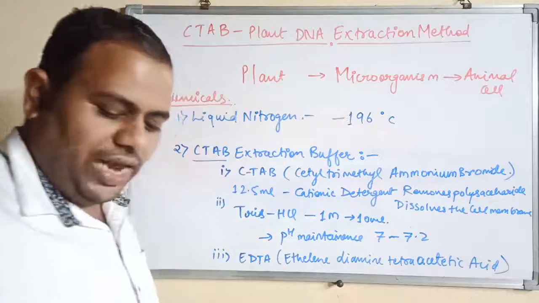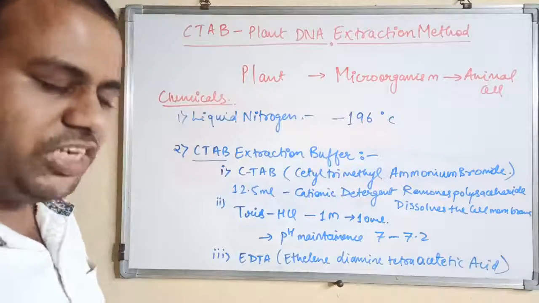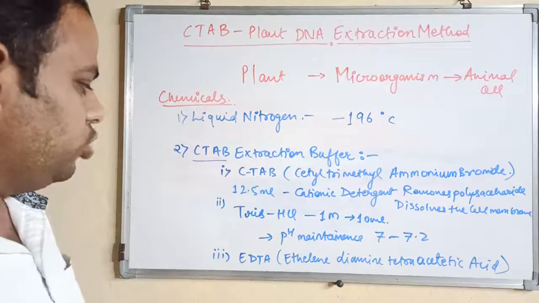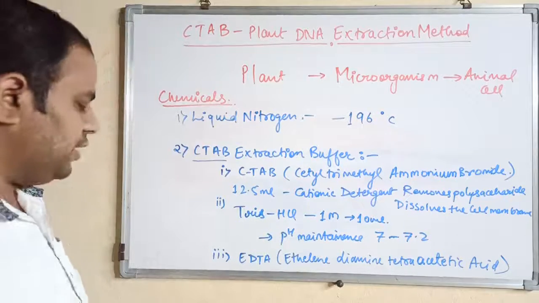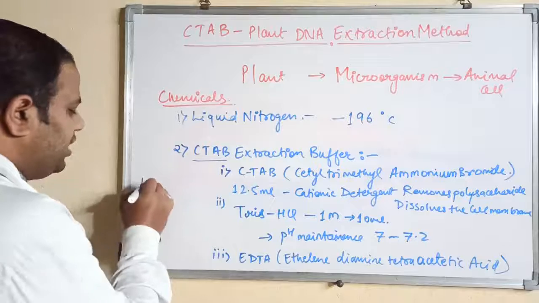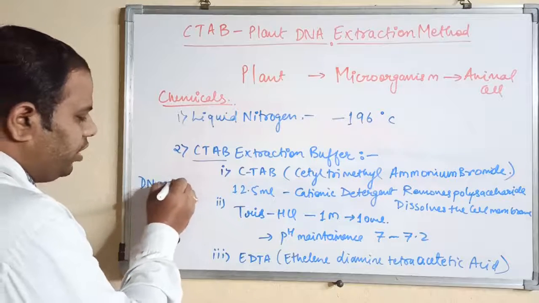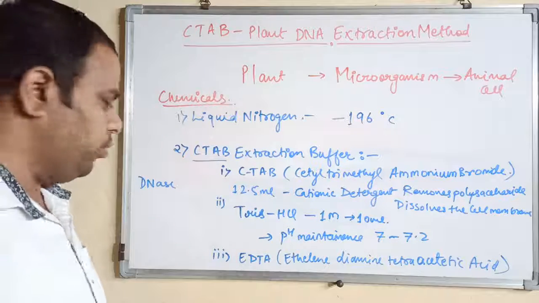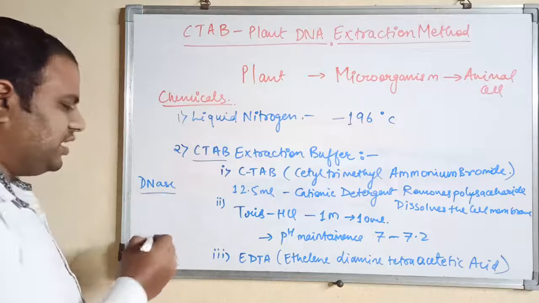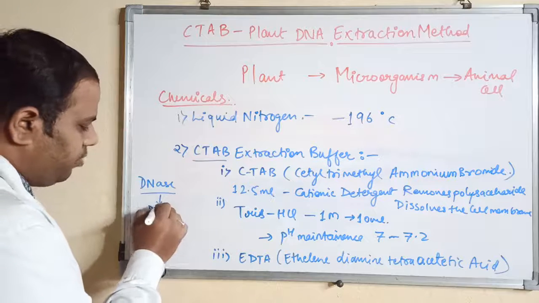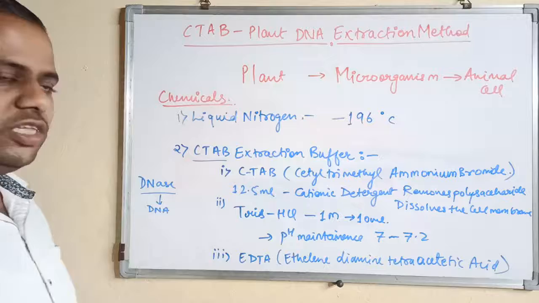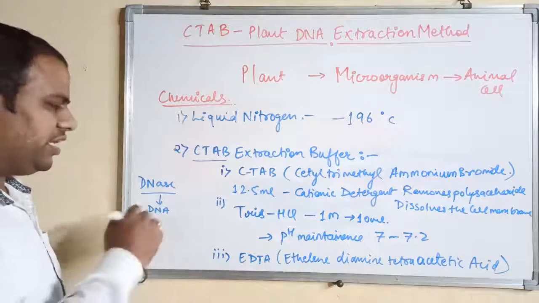This is a chelating agent which chelates or traps the ions here. There is an enzyme called DNase that is present in the cytoplasm of the cell. What is the role of this DNase enzyme? It degrades the DNA. Whatever DNA is present inside the cytoplasm is degraded.